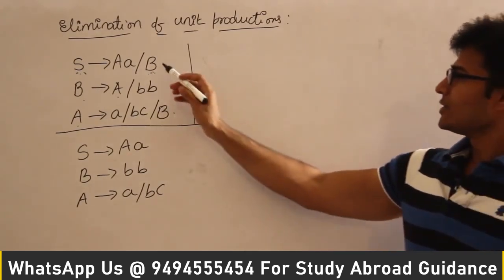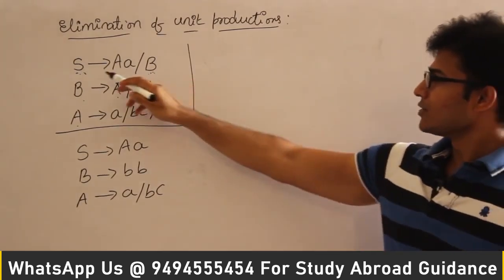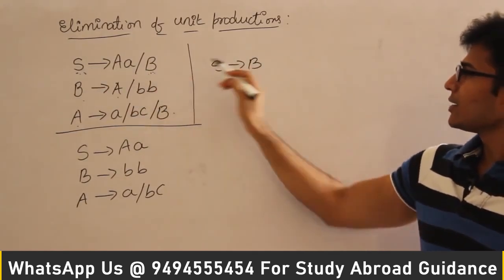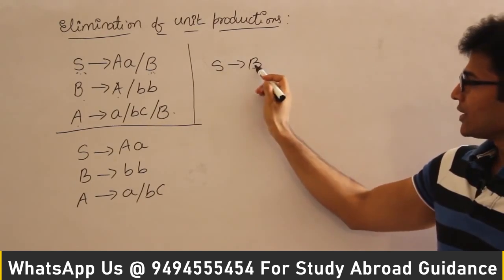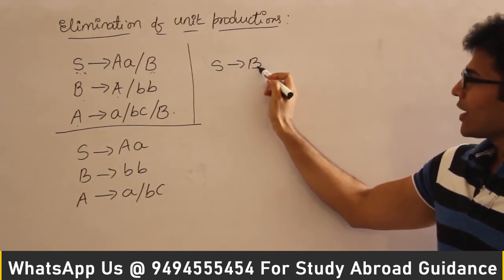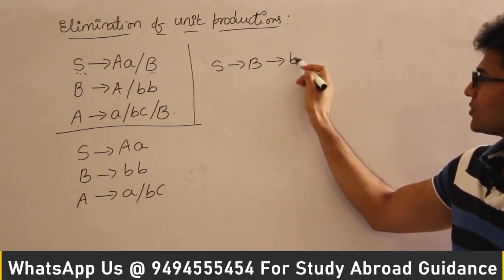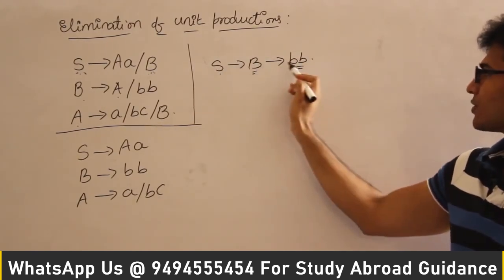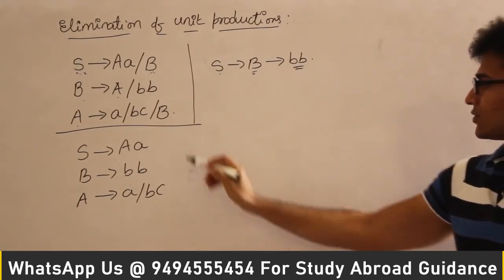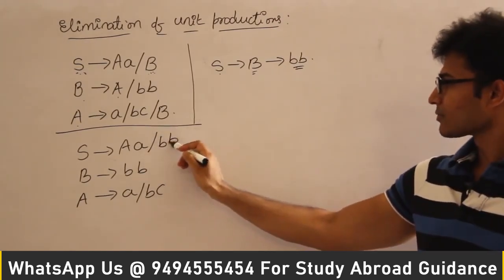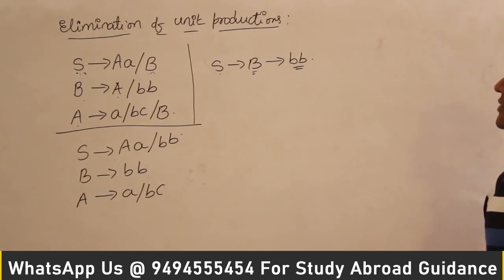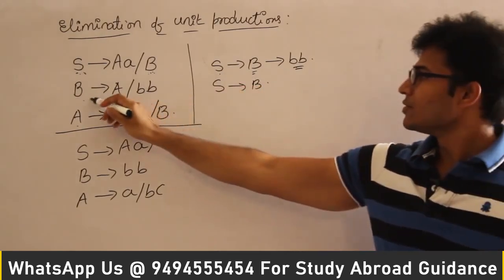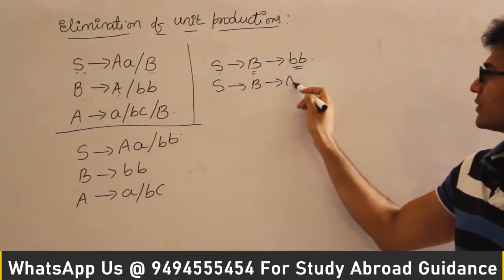Now just see what the unit productions in this are. The unit productions are S derives B, and then capital B. If I delete this B, then I might miss out the chance to generate BB. B could have generated BB, therefore S will miss out the chance of generating BB. So you add this. Is this the only chance that S is missing? S could generate B and B could generate A, isn't it?